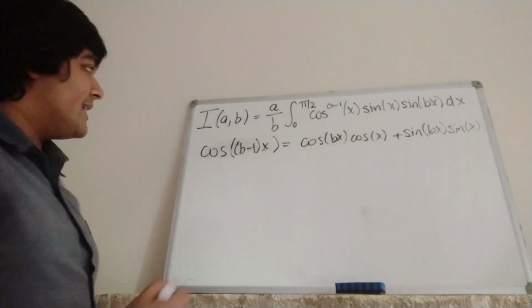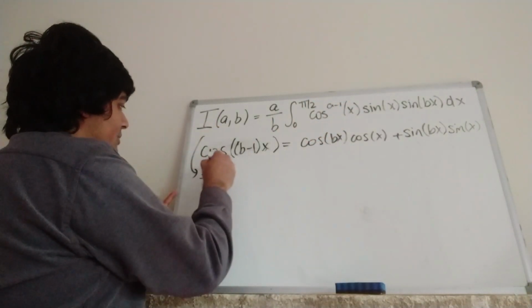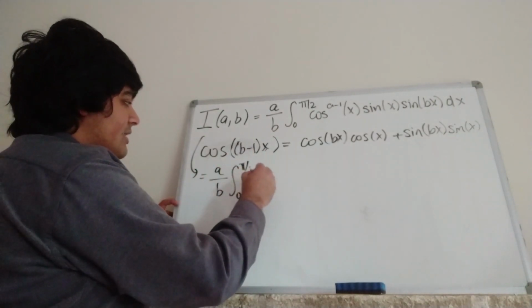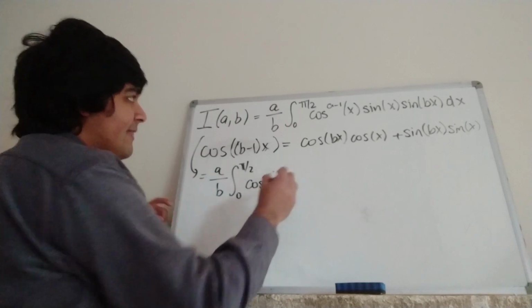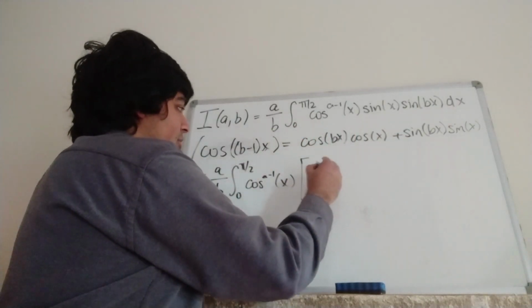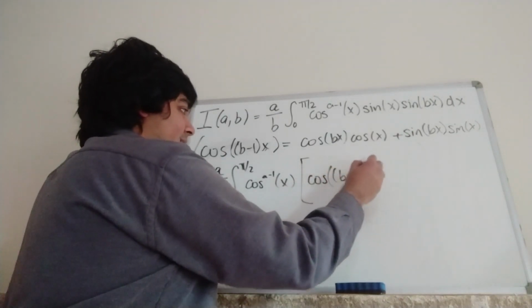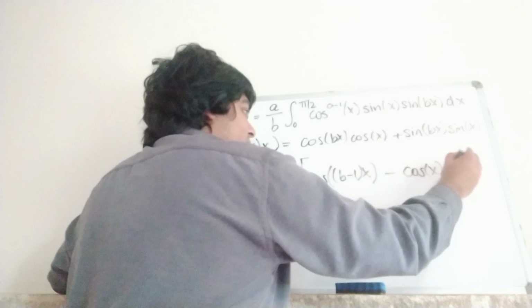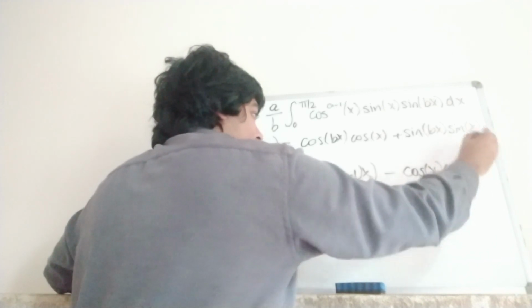So let's just rewrite this. It's equal to a over b times the integral from 0 to pi over 2. This cosine a minus 1 x term stays the same, and now sine x sine bx is just equal to cosine of b minus 1 x, then minus cosine x cosine of bx, and then dx, just like so.